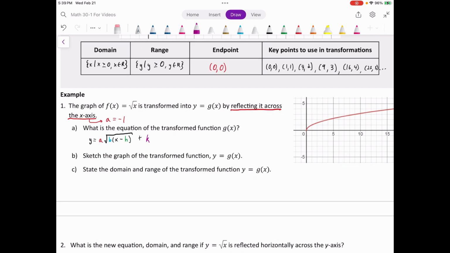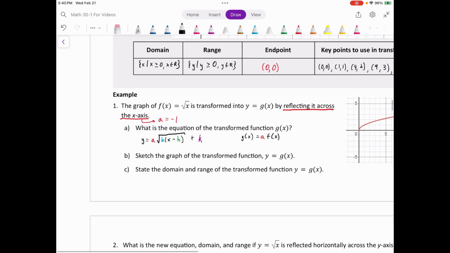Since a is the only thing that actually has an effect, g of x equals a times f of x. We can think of it in this specific radical form, but it's also just using the general form to transform any function: take the original function f of x, replace x with bx minus h, multiply by a, and add k.